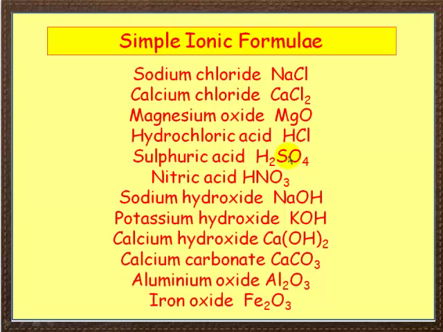HCl, H2SO4 for sulfuric acid, HNO3 for nitric acid, sodium hydroxide NaOH, potassium hydroxide KOH, calcium hydroxide Ca(OH)2, calcium carbonate CaCO3, aluminium oxide Al2O3, iron oxide Fe2O3. So it's well worth learning these. Not all of these, but a good number to recall later on when writing equations.